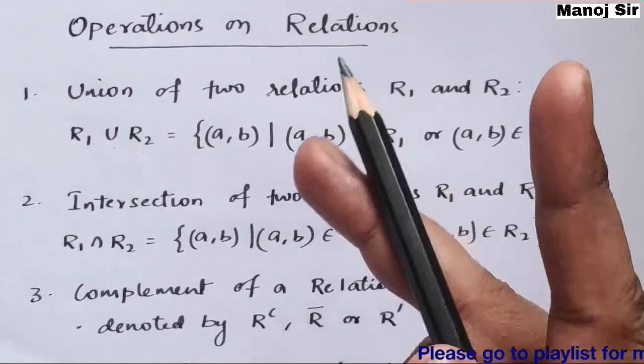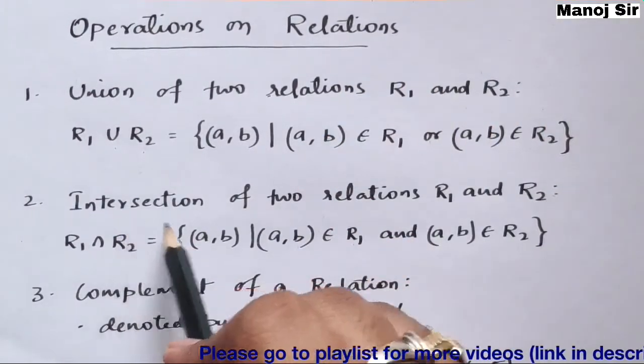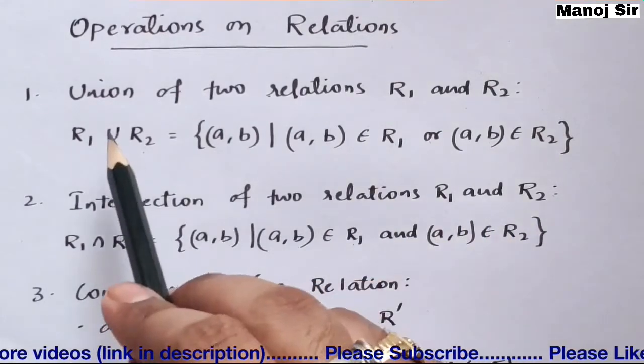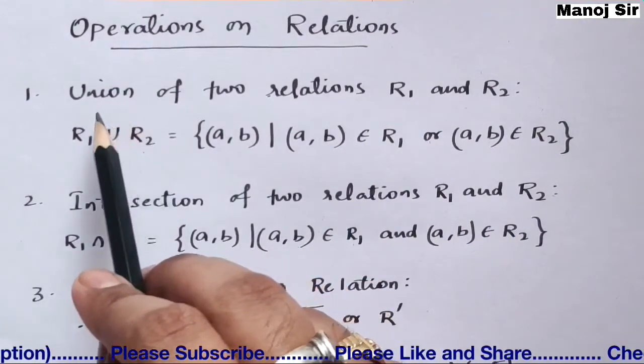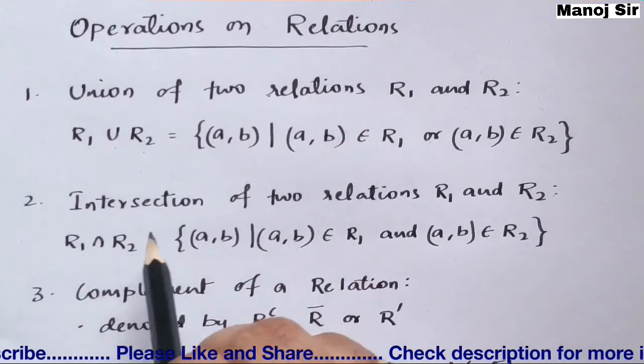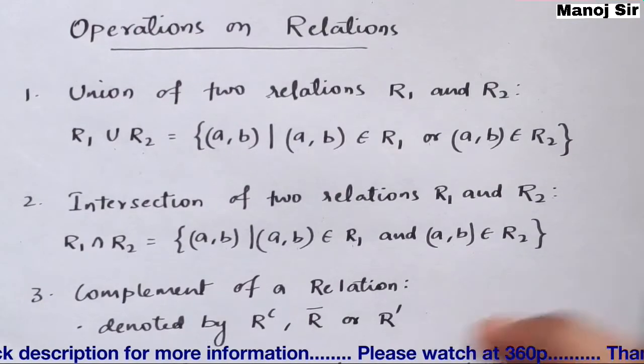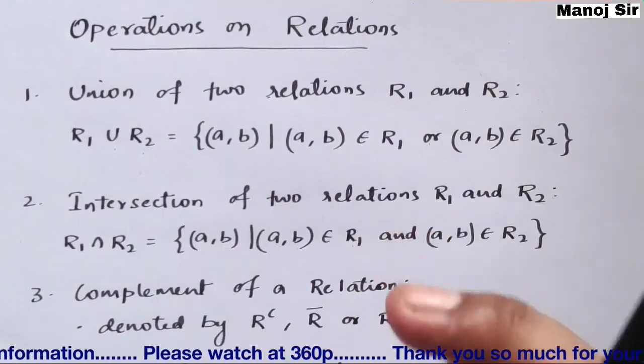Now we'll come to the second operation, that is intersection of two relations R1 and R2. In the same way as we saw in the first part, that is union of two relations, here we are going to see the intersection of two relations R1 and R2. So intersection means common between.